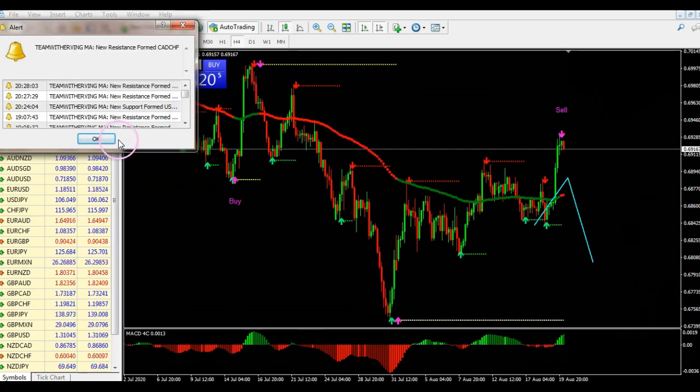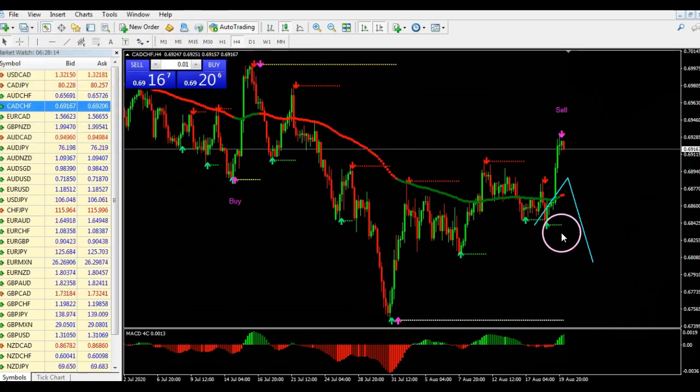On CADCHF, all right, on this one, we were around this area. We knew that the market was going to go up, which it did go up right here, and then it started coming down, and then the market shot up pretty much.